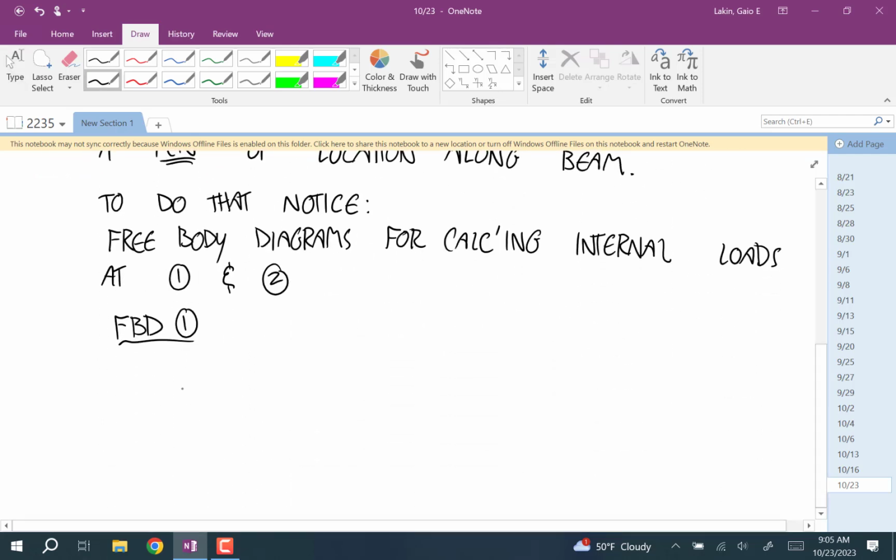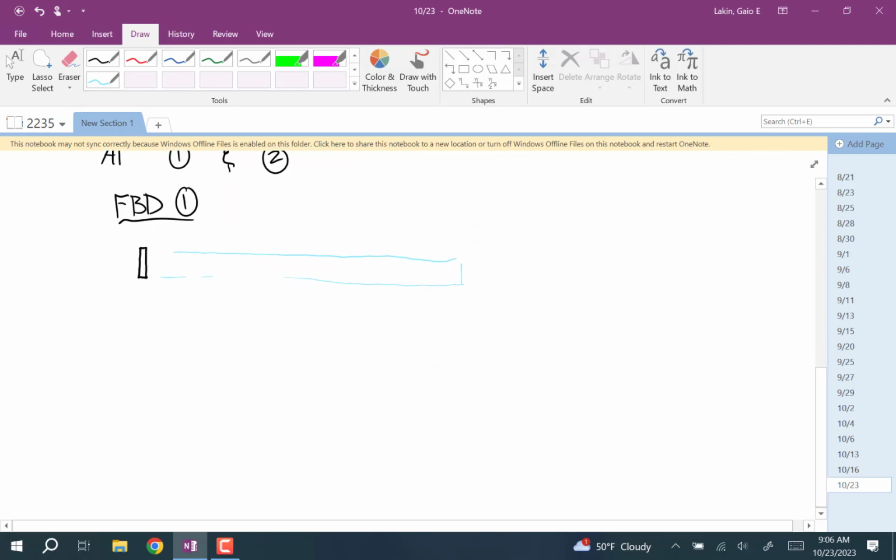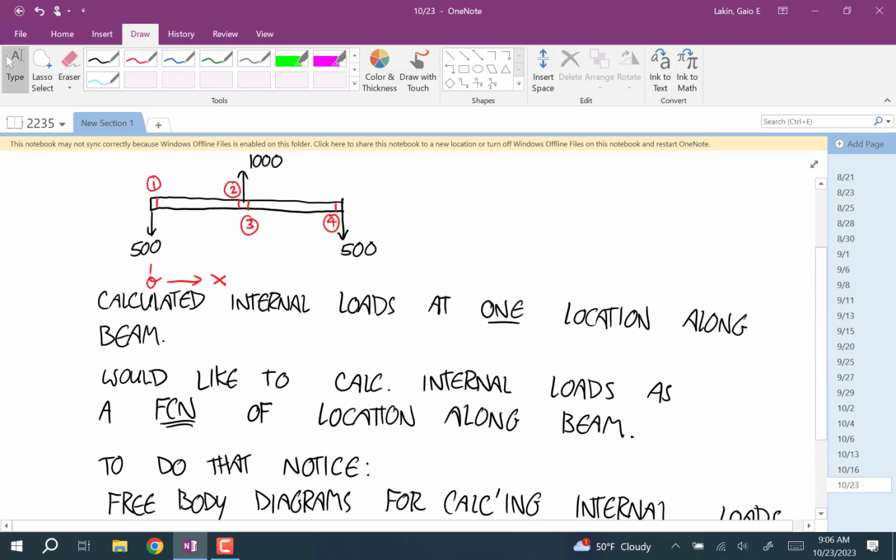So there's the piece we're isolating. Here's all the stuff that we're skipping. Let me put that in this color. Okay. And I'll put the loads on here that we're skipping also.